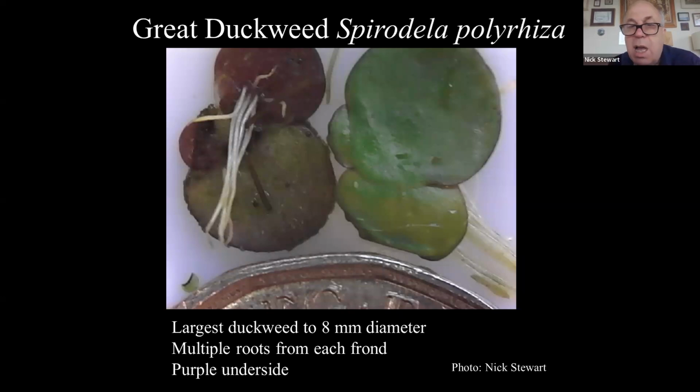It's also distinctly larger, so you can usually spot it quite easily if you're looking at a mass of duckweeds on the surface of the water. And if you flip it over, it's got these multiple roots coming out, and it's also very obviously purple on the underside. So quite an easy one to do.